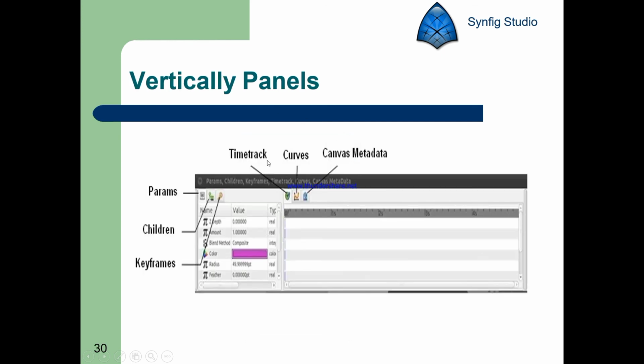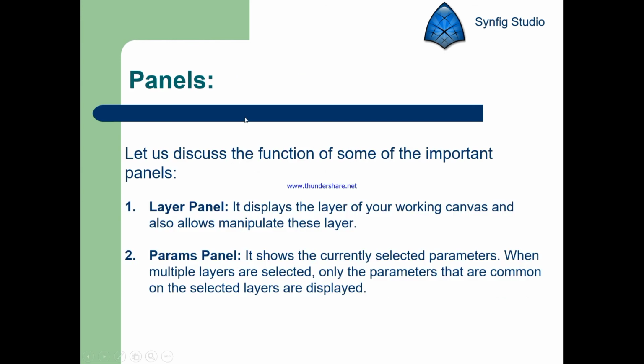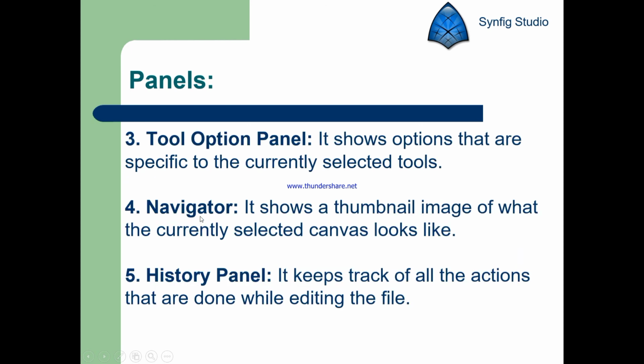Then vertical panels: params, children, keyframes, time track, curves and canvas metadata. Then some different functions of some of the important panels: layer panel, params panel, tool options panel, navigator and history panel.